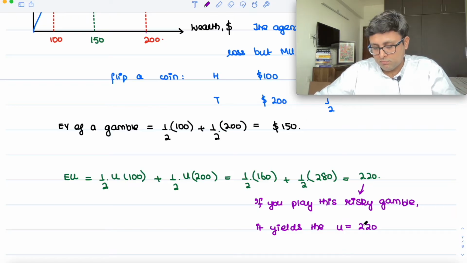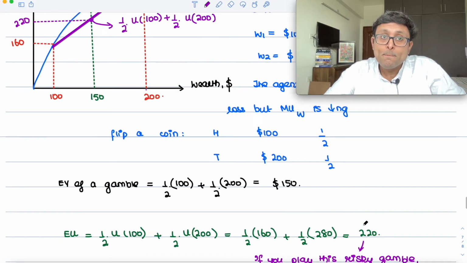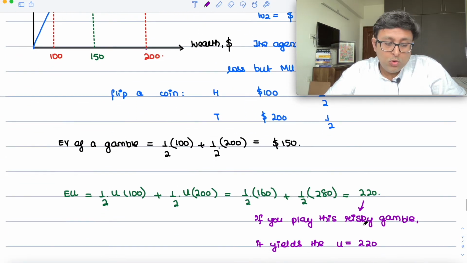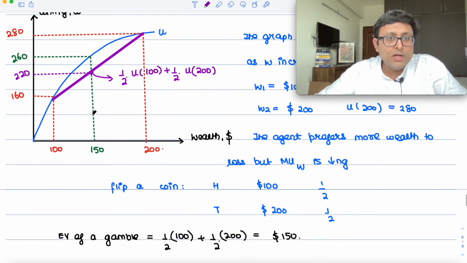So this is what the utility is. Think about it. Just having $150, if you were having $150 with certainty, you were getting utility 260. But if you have to play this gamble, even though the expected value of this gamble is the same as 150, the utility which you derive is less.